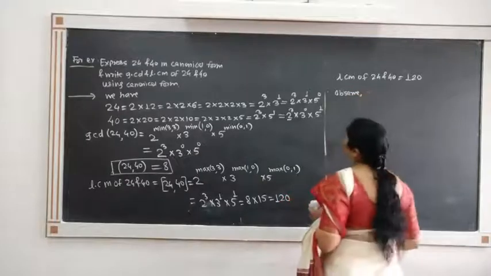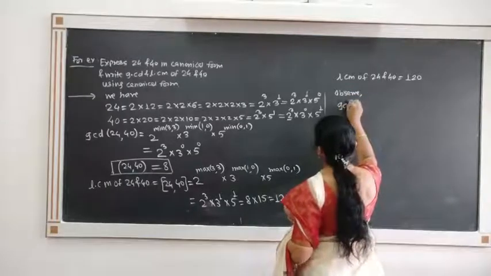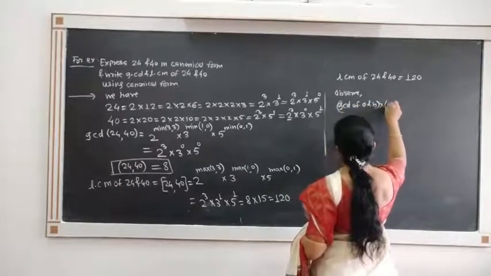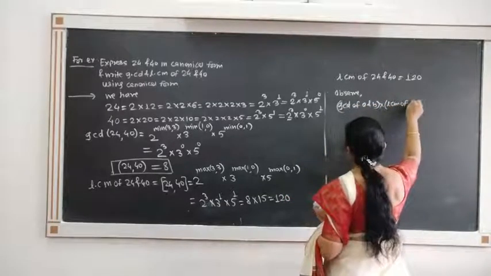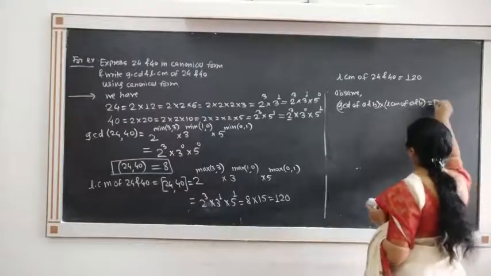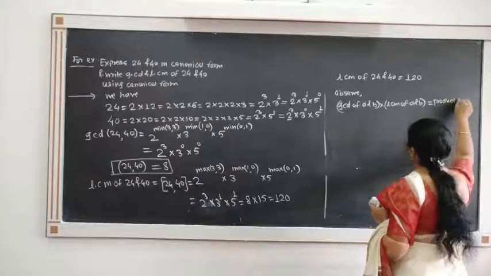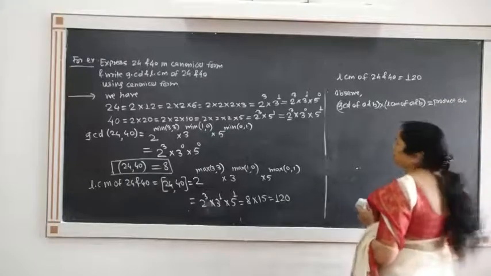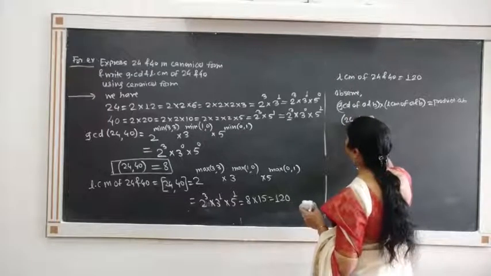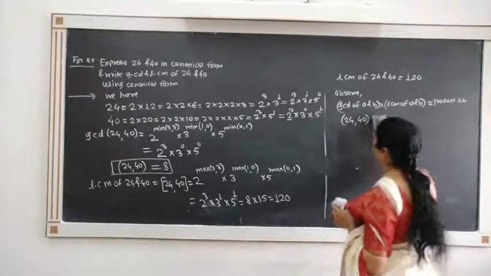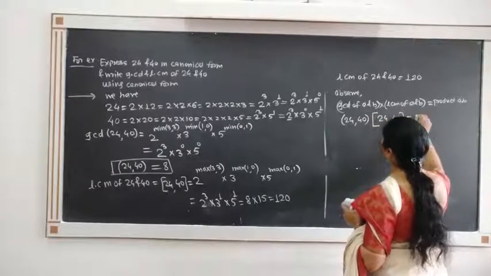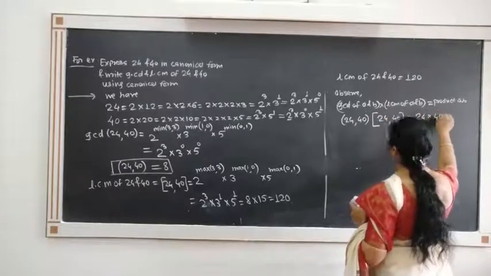Observe that we have the formula: GCD of a and b into LCM of a and b is nothing but the product ab. So you can check: GCD of 24 and 40 into least common multiple of 24 and 40 is equal to the product 24 into 40.